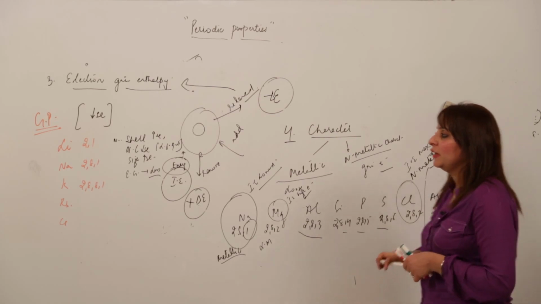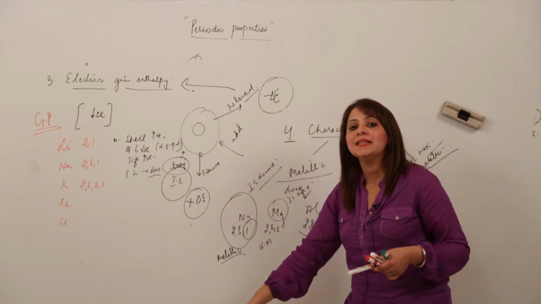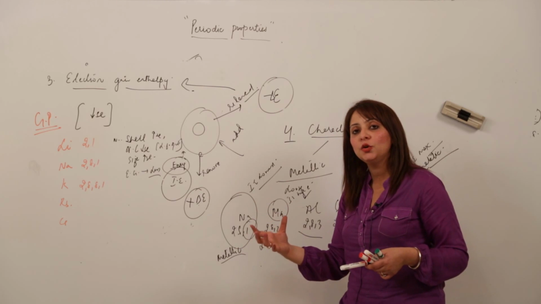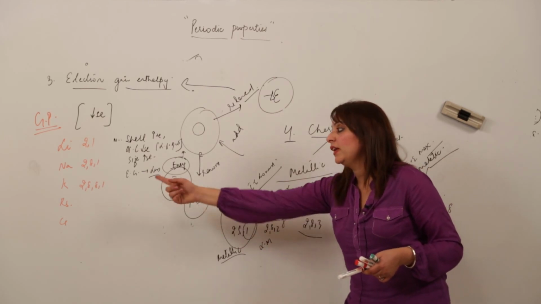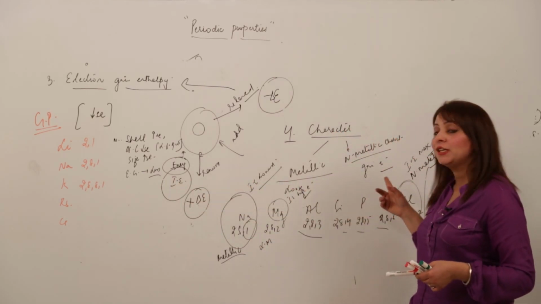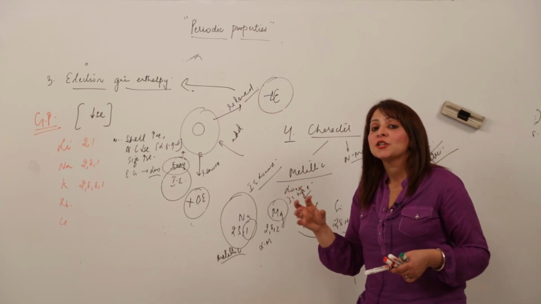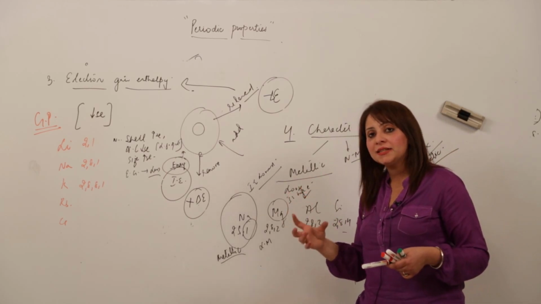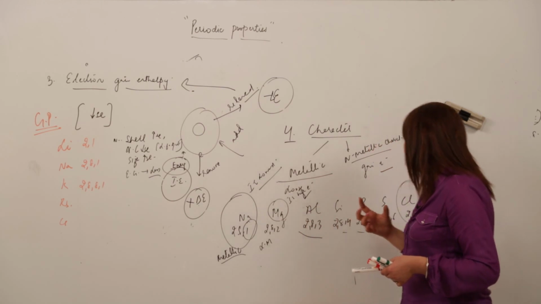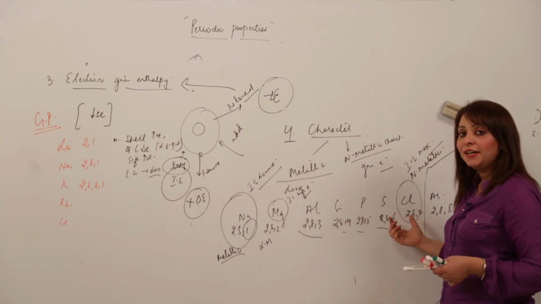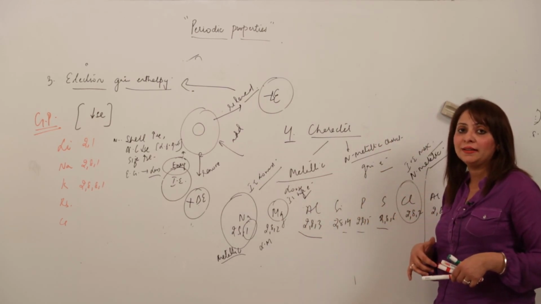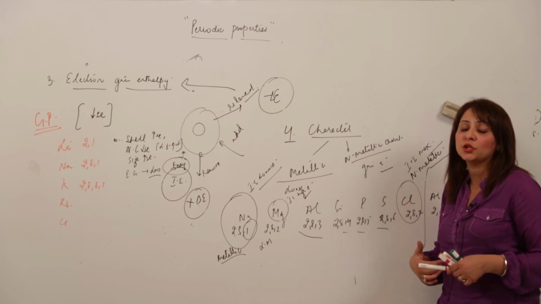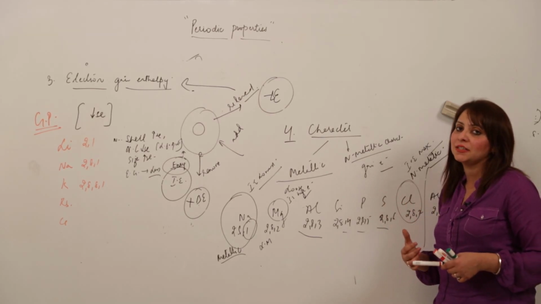So when we are moving down the group, the metallic character is increasing because size is increasing and nuclear charge is decreasing. But when we are moving across the period, we see the size is getting smaller. Smaller means nuclear charge is increasing. When nuclear charge is increasing, it has a tendency to accept an electron rather than lose it, and the element which accepts is a non-metal.